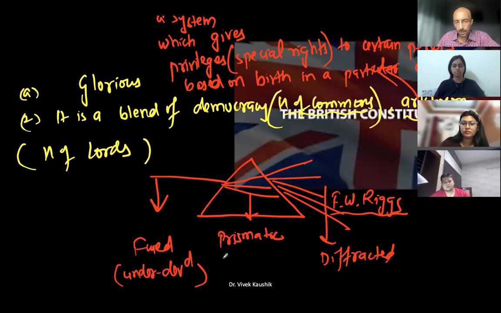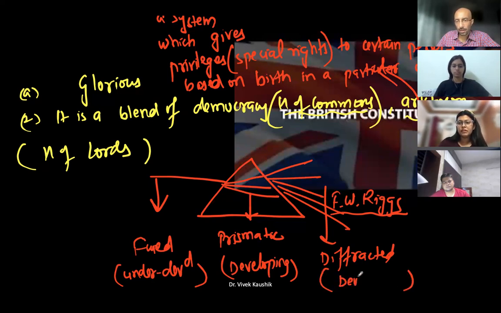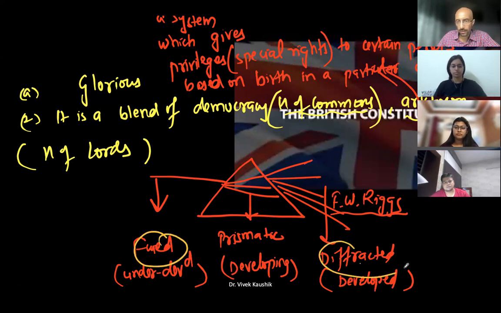By prismatic, he meant developing. So India would come under the prismatic category, and by diffracted, he meant developed. Then he gave certain features of fused versus diffracted.